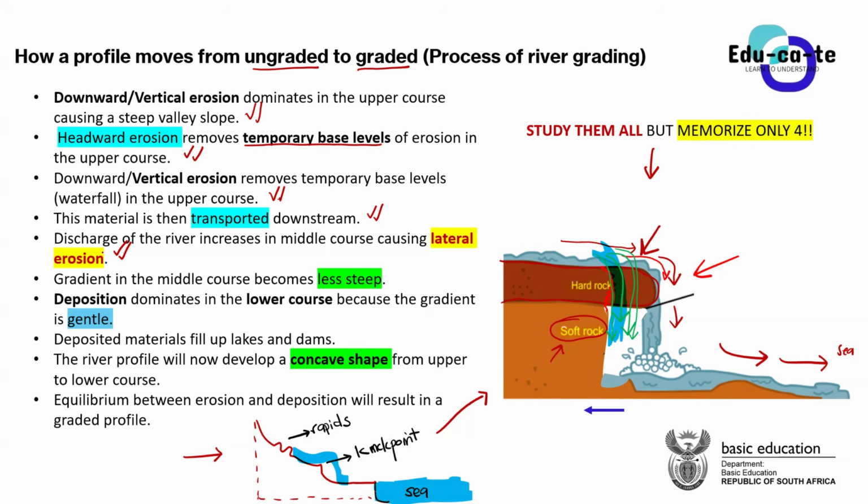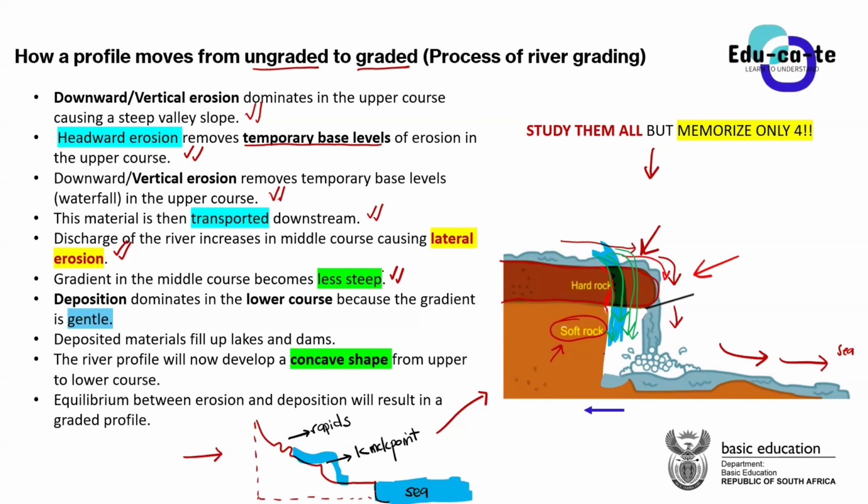And then, of course, that will eventually make the gradient at the middle course less steep. Because remember, guys, for a graded profile, what do we want? We want an upper course that is very steep, and a middle course that is less steep. Now we are just explaining what processes are causing that to happen.